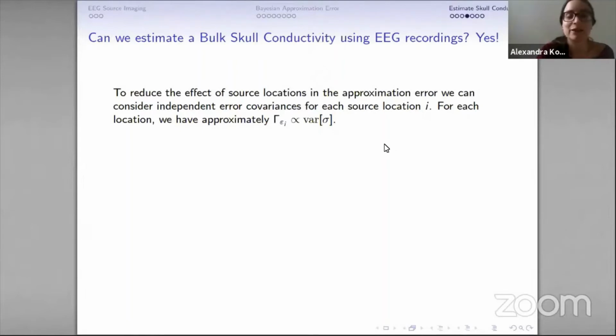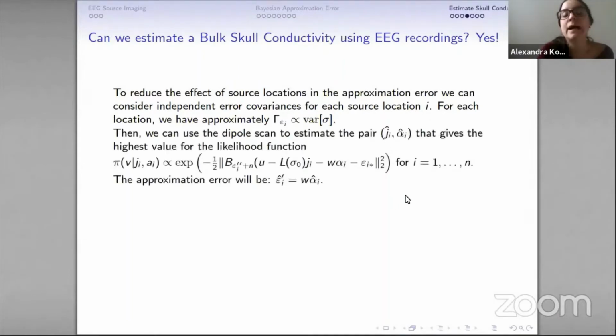Very simple concept. And that was good because then we could combine with an algorithm like the dipole scan algorithm, and we could estimate a pair J and alpha.